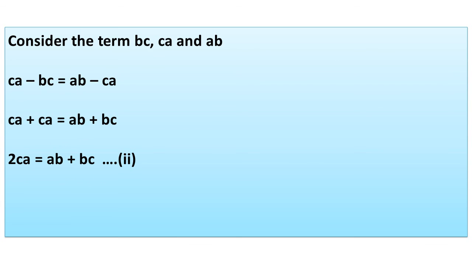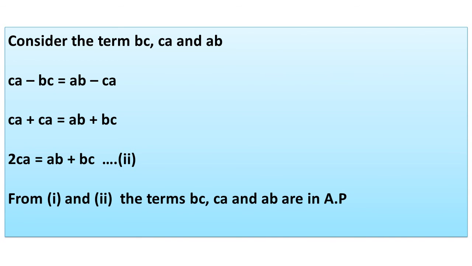T2 minus T1 is equal to T3 minus T2. After simplification, you will get the equation as 2ca is equal to ab plus bc. So from 1 and 2, we can say that the terms bc, ca and ab are also in AP.